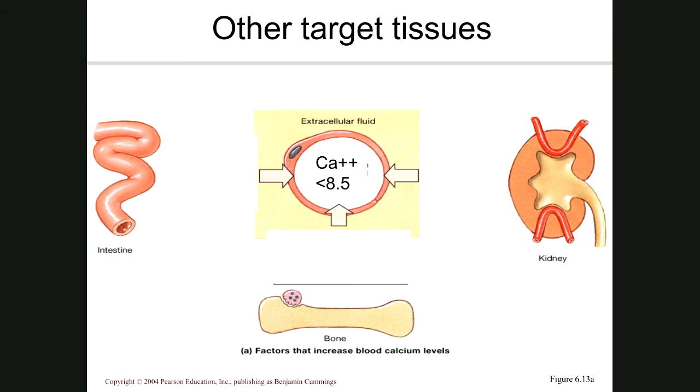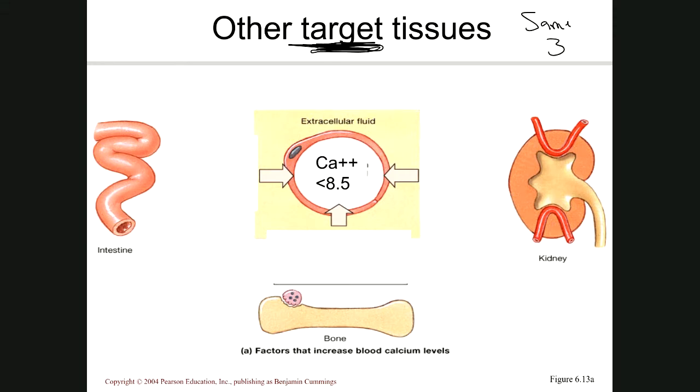Well, look, in order to do that, these have to have target tissues. In other words, calcitonin and PTH have a tissue that they go to and they make something happen. That's called the target. And both of them have the same three target tissues. The same three.